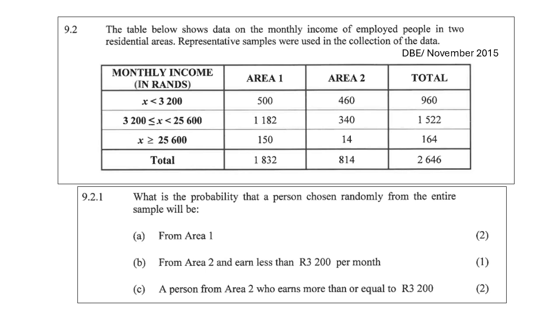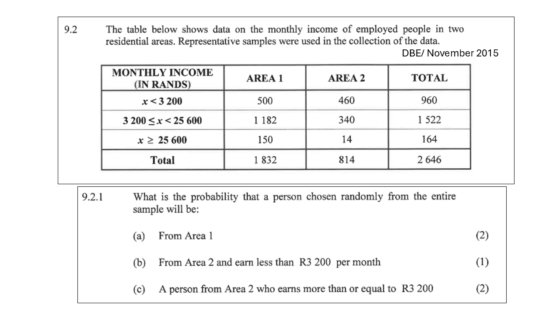Then for Area 2, there are 460 who earn less than 3,200, 340 who earn 3,200 or more but less than 25,600 rand, and only 14 people who earn 25,600 rands or more. In total, there are 814 people in Area 2.